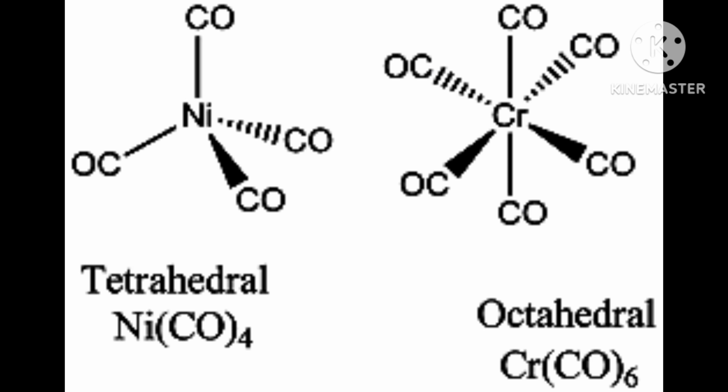Due to this synergic effect, the bond between carbonyl and the metal is strengthened. Okay, this I told about synergic bonding. In carbonyl bonding, two types of bonds are there, one is pi bond, other is sigma bond. This I discussed, bonding in metal carbonyls.